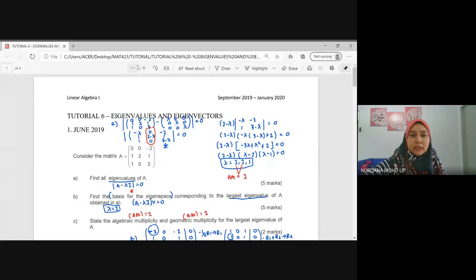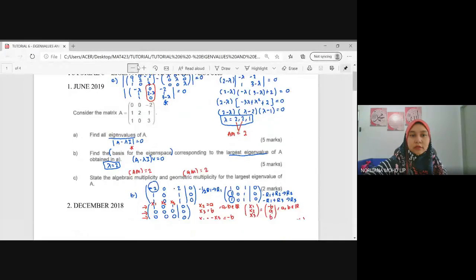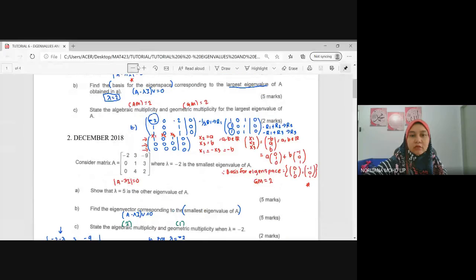Okay, tengok soalan yang tadi, teorem 6 ada keluar tak? Rasa jarang lah keluar soalan macam tu.